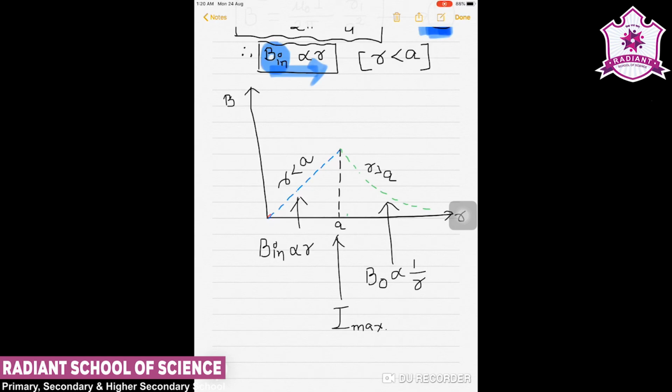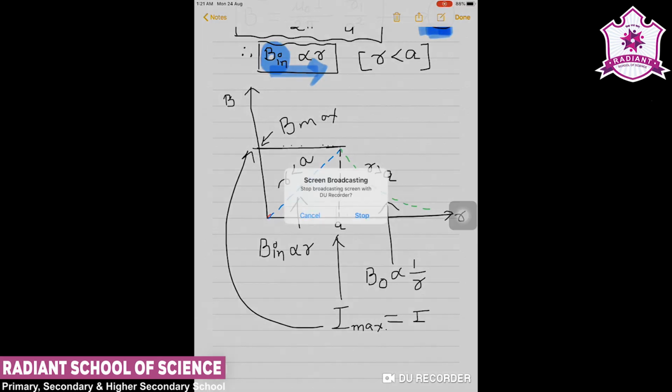So this is I maximum, and obviously B is also maximum at this point. If we intersect this line, we get B maximum. At that time B becomes B maximum. So this is the information of example number 8.